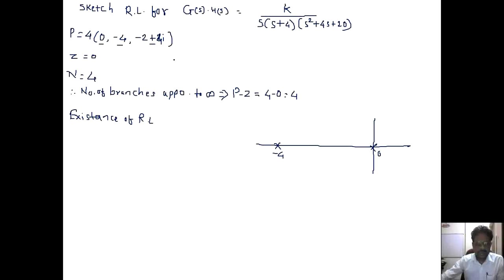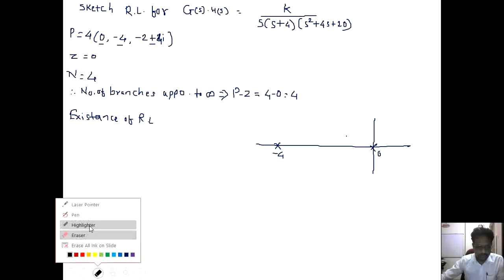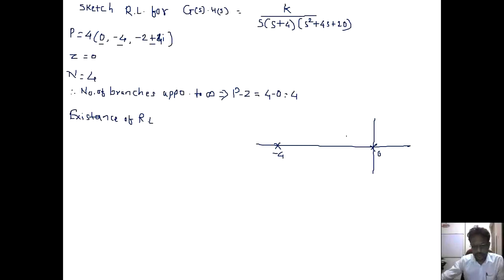Then -2 plus 4i, so -2 on the x-axis and 4 on the y-axis.